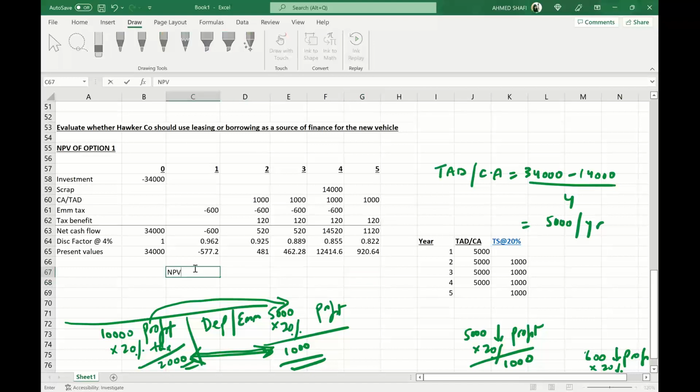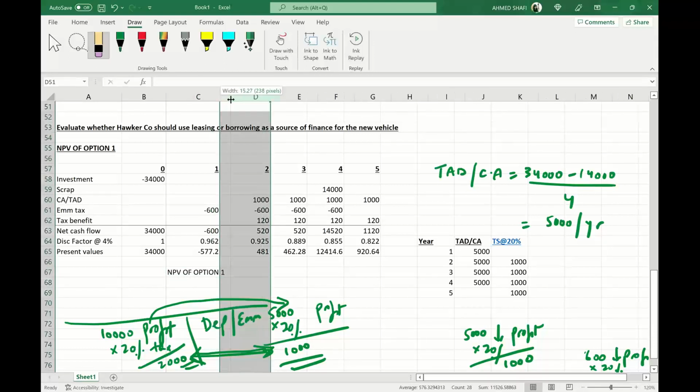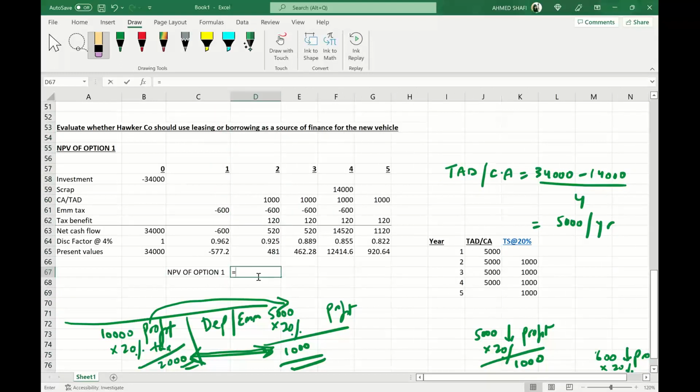And if we net them all, we get the NPV of option 1. Net all cells.